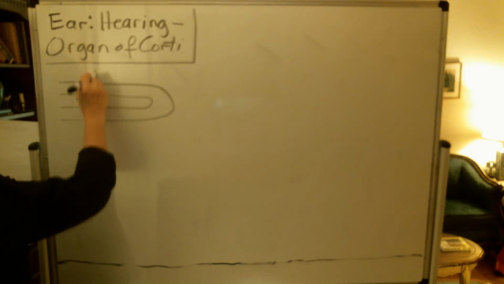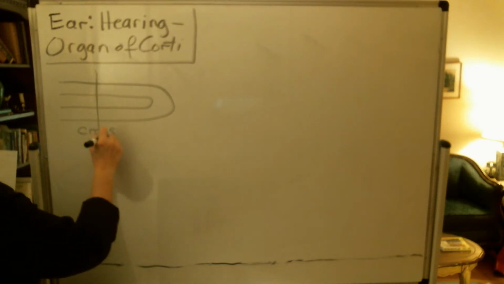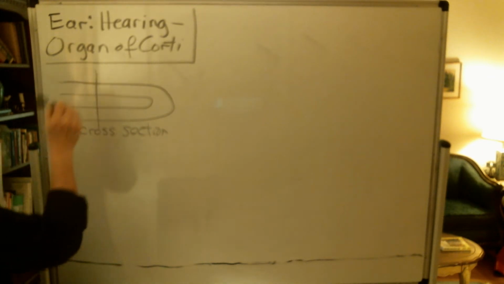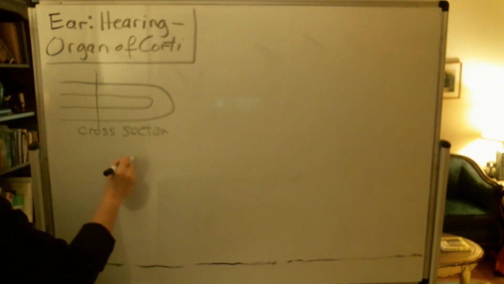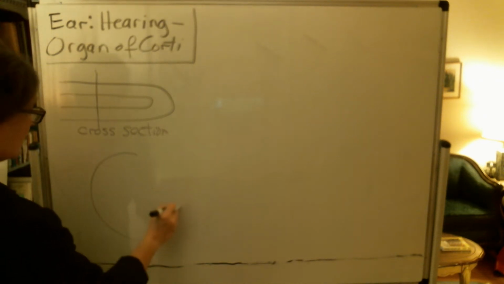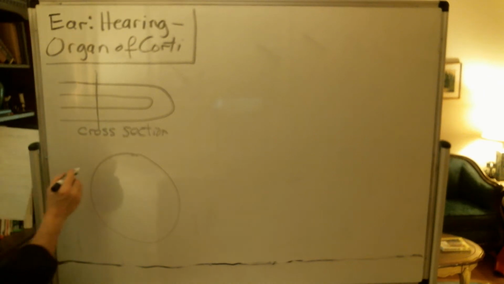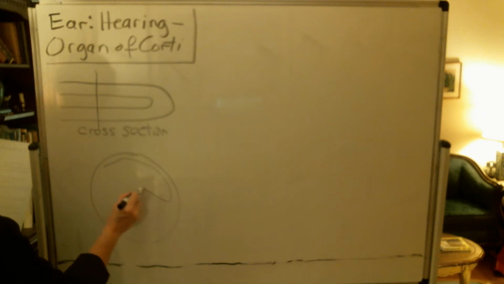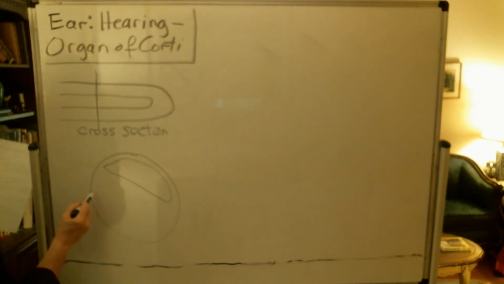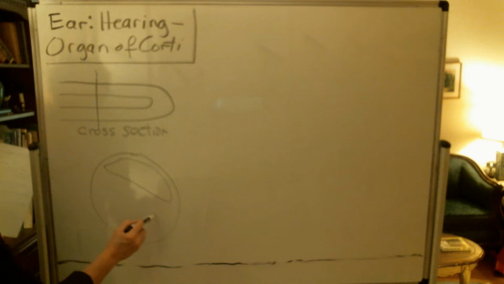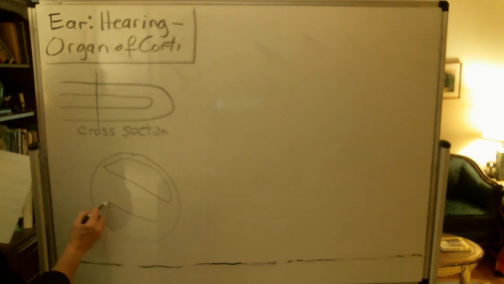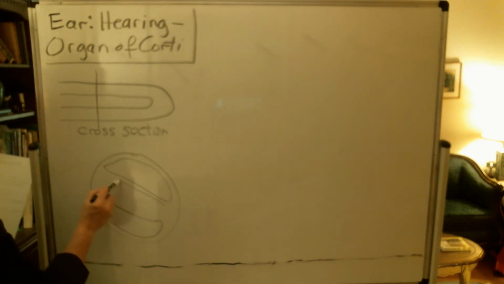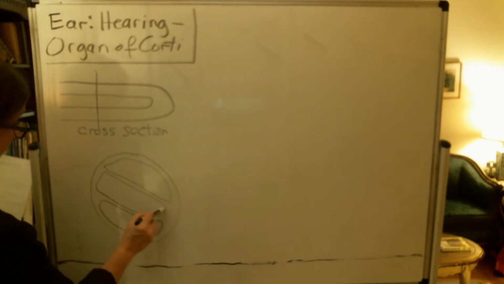If I were to do a cross section through the cochlea here, what you would then see is a circle, and it would have a chamber there and a chamber here and a chamber here, roughly speaking.